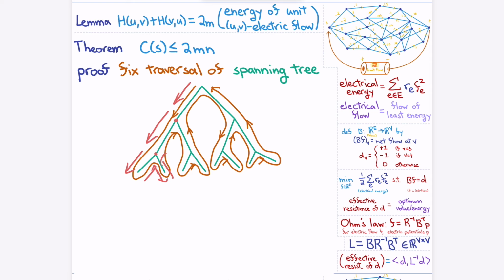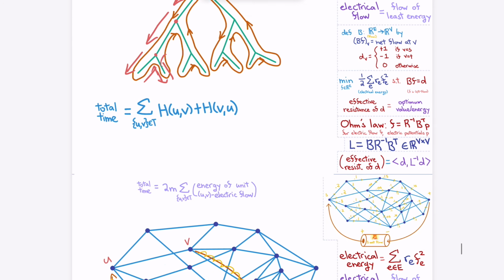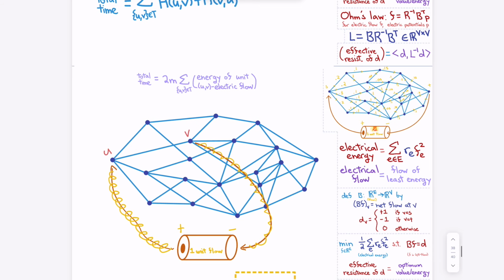Okay. So for each one, you're going to pay something based on the energy of the unit electrical flow between those endpoints. So I think that's all that's hidden down here. So total time looks something like summing over all the edges H_UV plus H_VU. Okay, good.